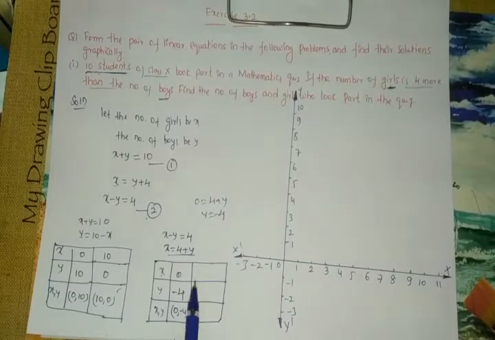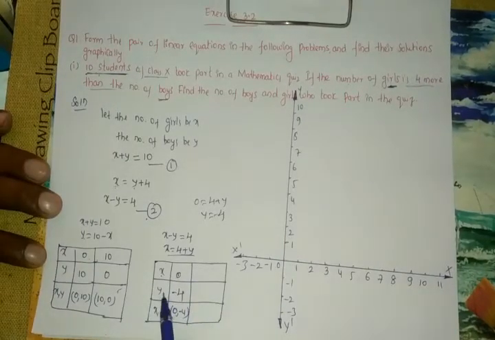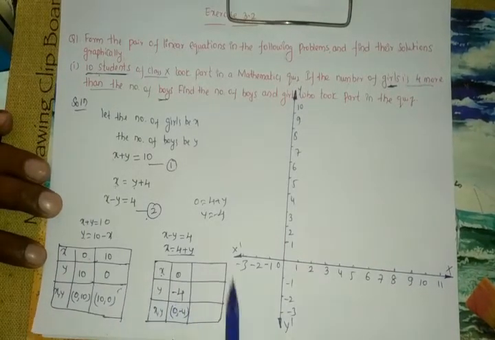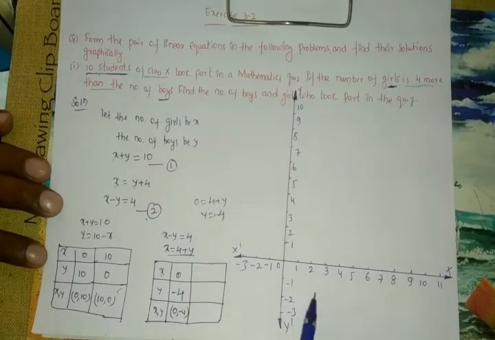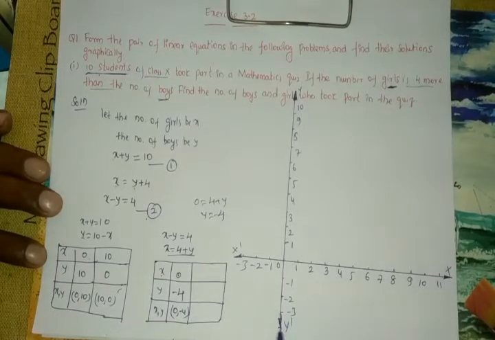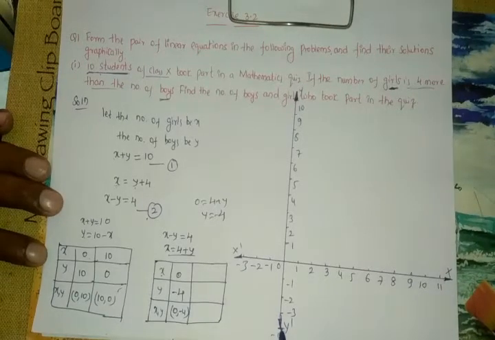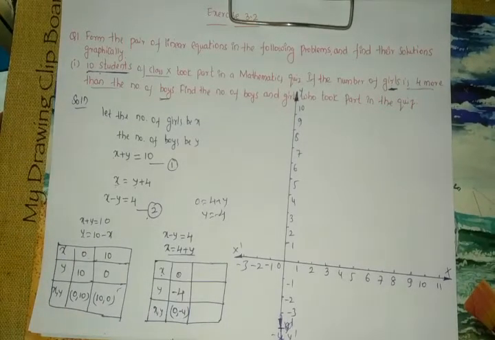So 0 and minus 4, y is minus 4. Let me extend this y dash. Minus 4.